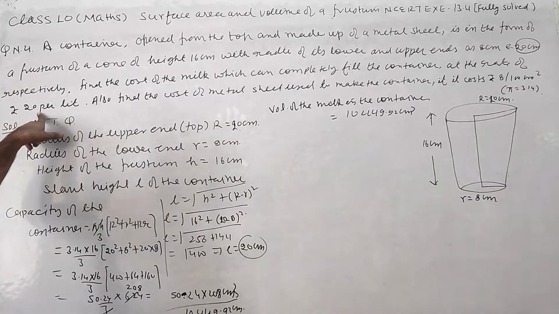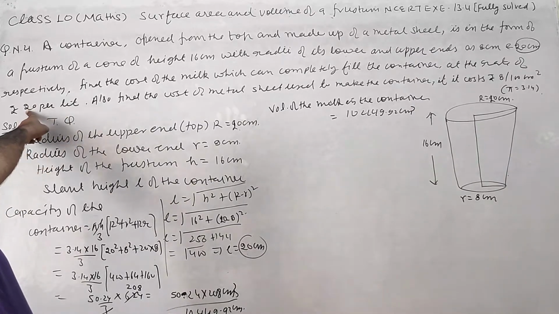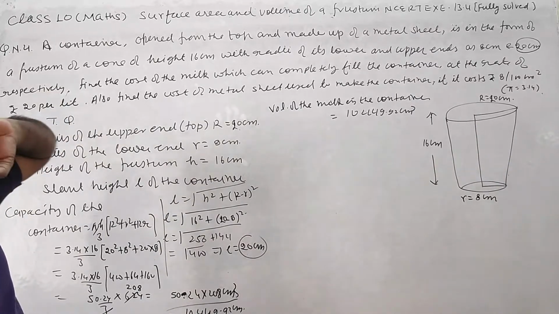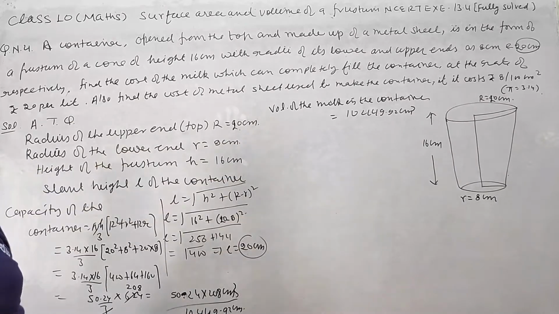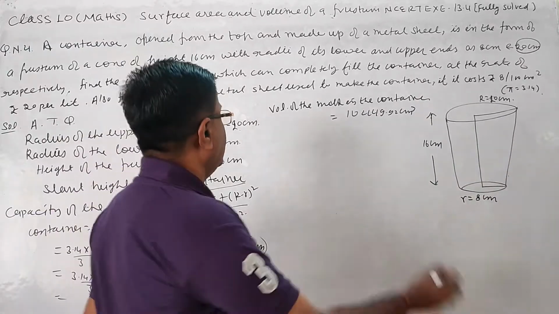Dear student, we are given the rate as 20 rupees per liter. For 1 liter the rate is 20, but we are getting the volume in cubic centimeter. As you know, 1000 cubic centimeter is equal to 1 liter, so we divide by 1000.